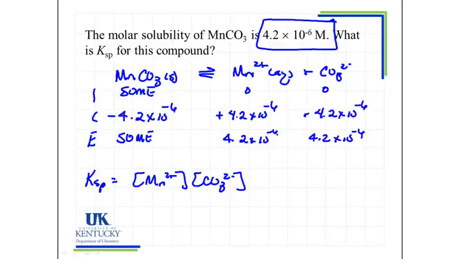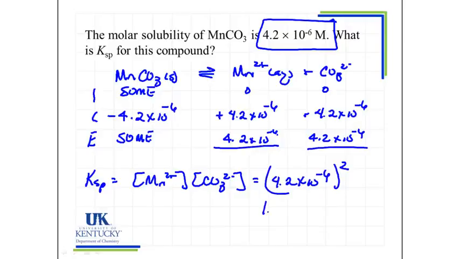So KSP's value would simply be 4.2 times 10 to the minus 6, which is the manganese's concentration, times 4.2 times 10 to the minus 6, which is the carbonate's concentration. When I multiply those two values, I will get 1.8 times 10 to the minus 11. And that's the KSP of manganese 2 carbonate.